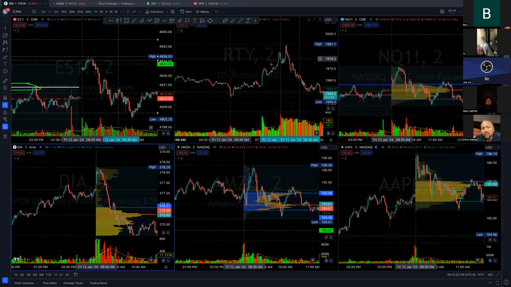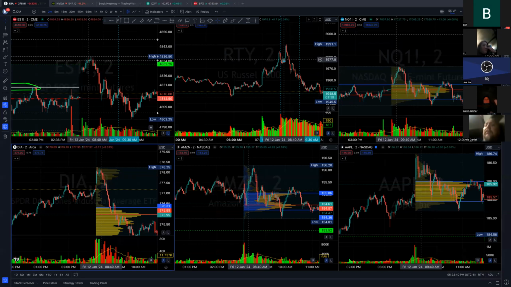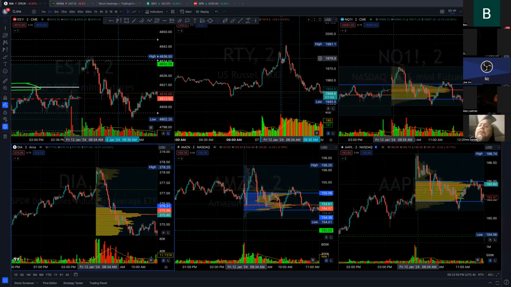So you can see how RTY had a strong open, NQ as well. But look at Apple on that open, guys. Apple just took a very aggressive U-turn right here. Amazon continued to rally, but then the Dow Jones was doing the same as ES.